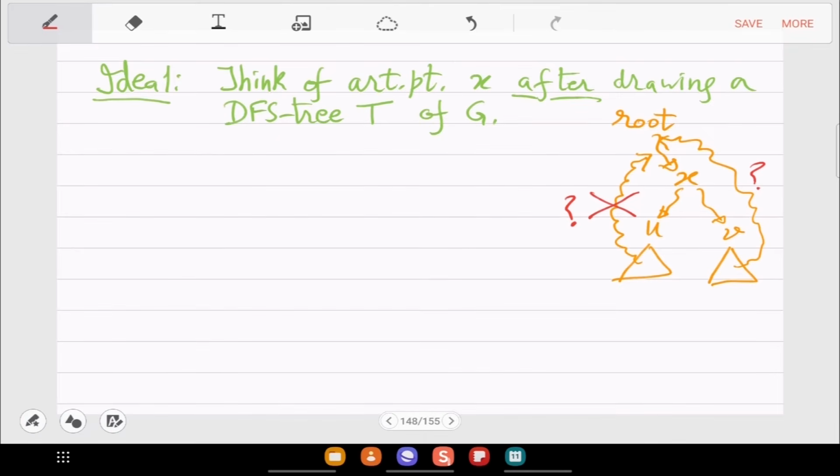Then X is an articulation point with respect to this pair. Is this clear? That is how the DFS tree is being used. Well, that is the plan, but implementing this is still a bit complicated.